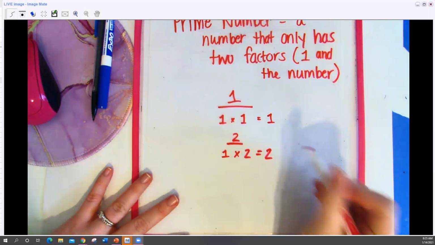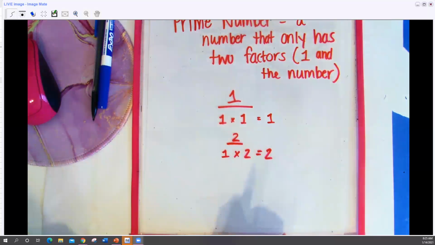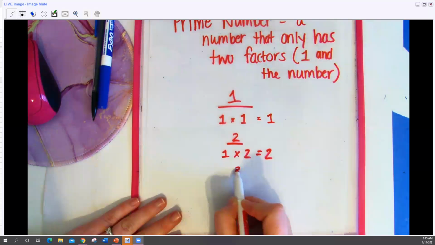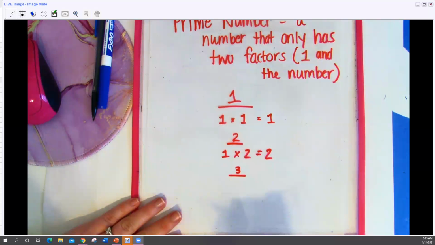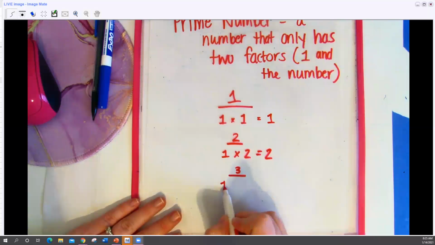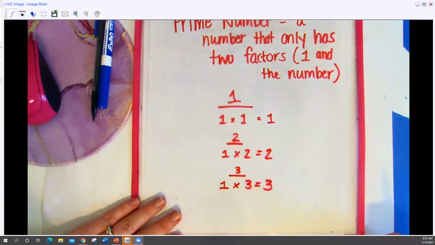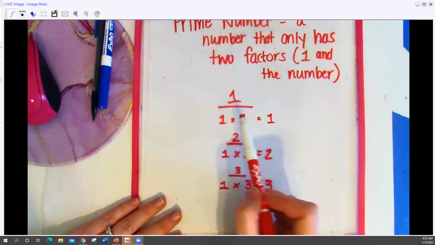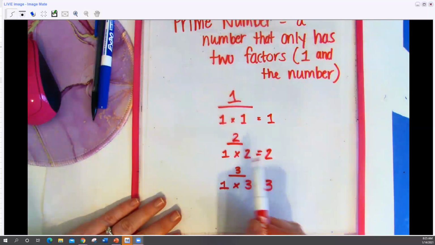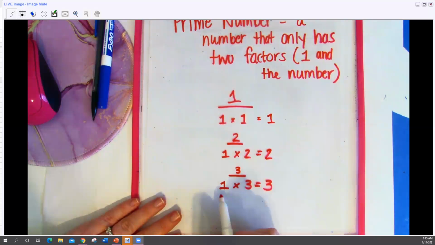I'm just making my ones like this so that it's easier for you to see. Number 3. The only numbers that we can multiply together to get an answer of 3 is 1 times 3. There's no other factors that we can multiply to get 1, no other factors we can multiply to get 2, no other factors we can multiply to get 3.